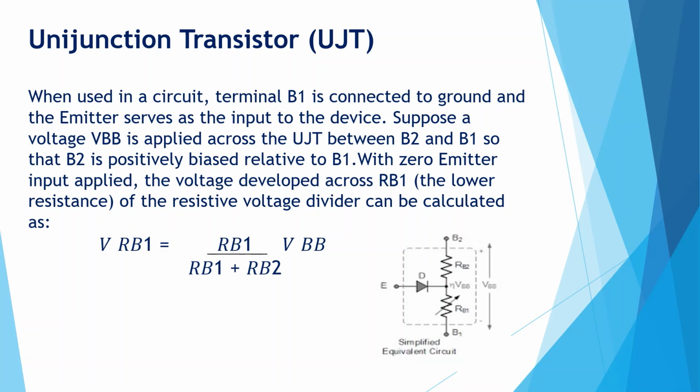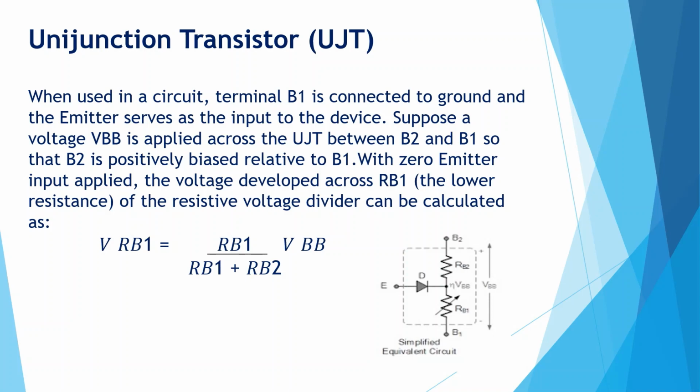It is obvious that the emitter junction will not become forward biased unless its applied voltage VE exceeds the voltage across RB1. This value of VE is called the peak point voltage and is specified as VP.